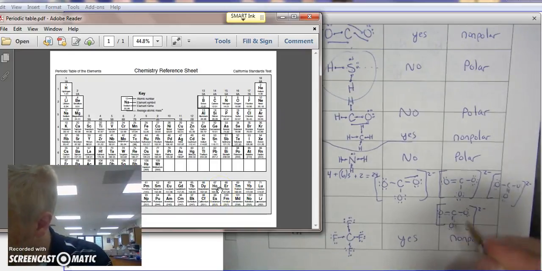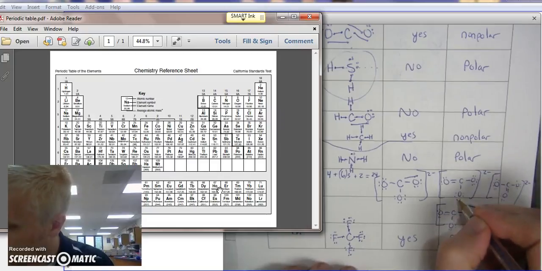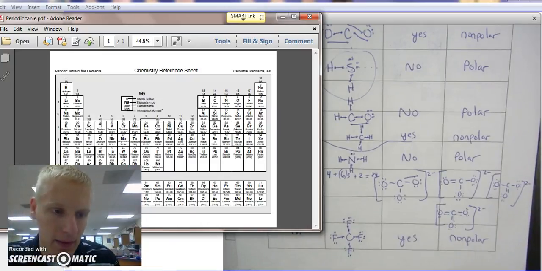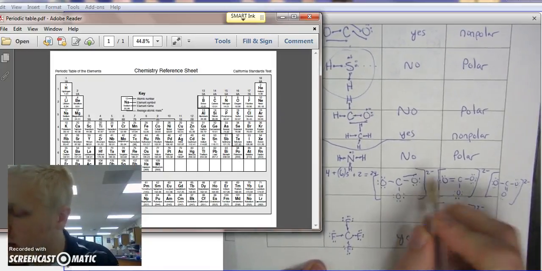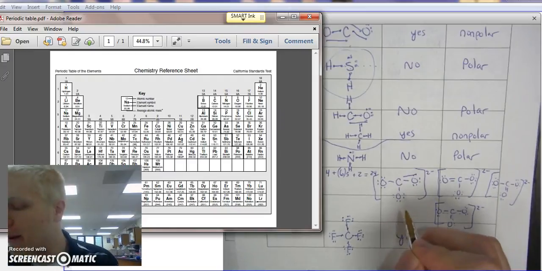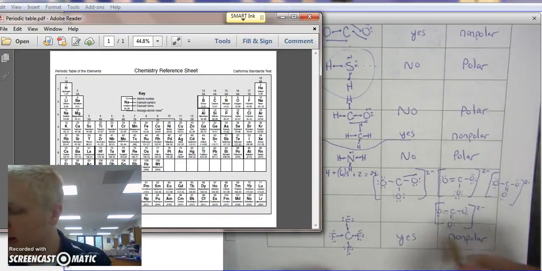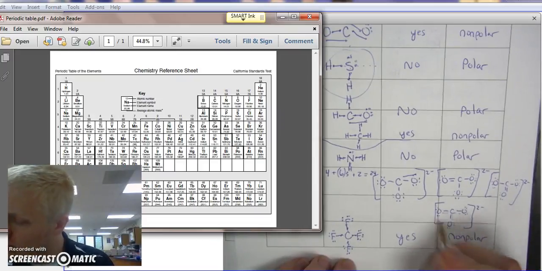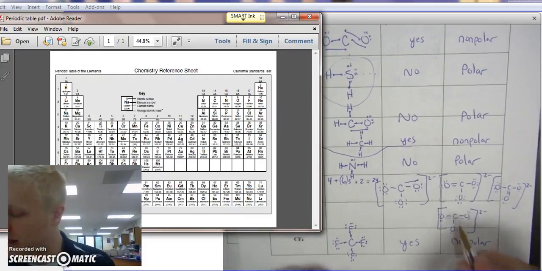Would this be symmetrical? So looking at it, you cut this in half. So it would look as though it is not symmetrical, so you would call it polar. However, resonance is tricky, so it has delocalized electrons. You'd really have to look at the sum of all the Lewis resonance structures, which would be this one.